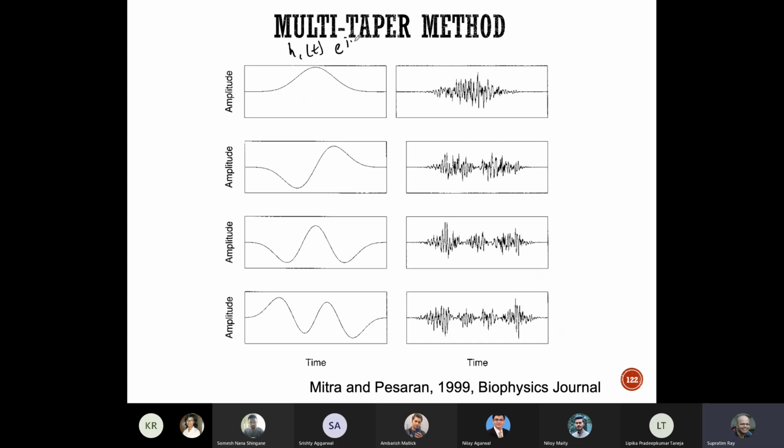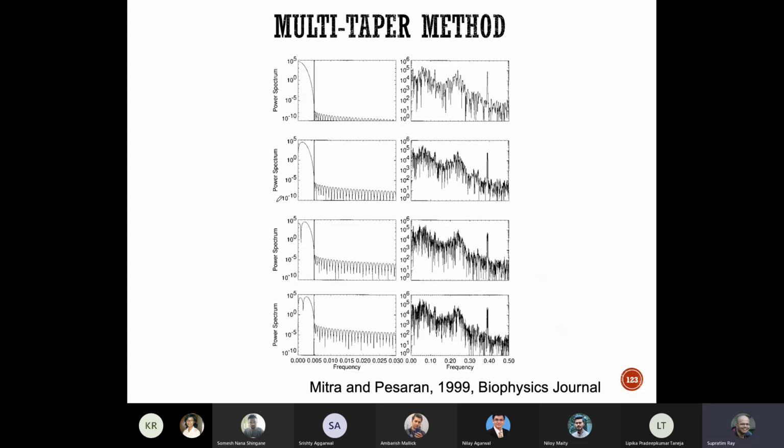When I do e to the power j omega t, the filter gets shifted to whatever your omega is. So this thing is just going to shift to that frequency. So will this one, so will this one, so will that one. And then this is now the Fourier transform of the signal multiplied with the first taper. And then you do it for each of these tapers and average them.